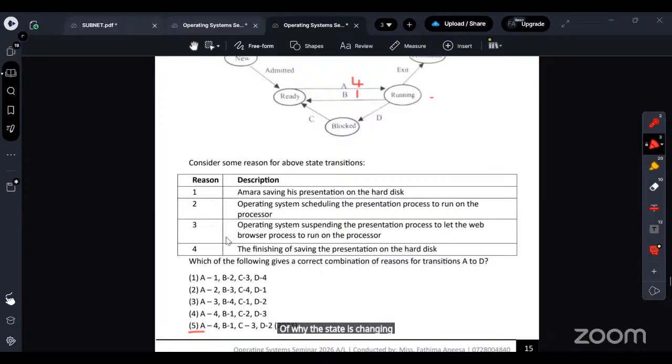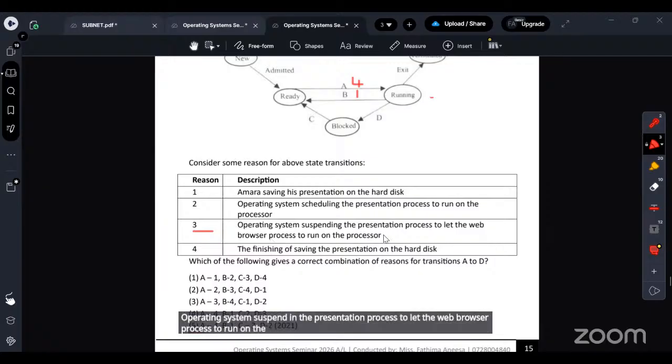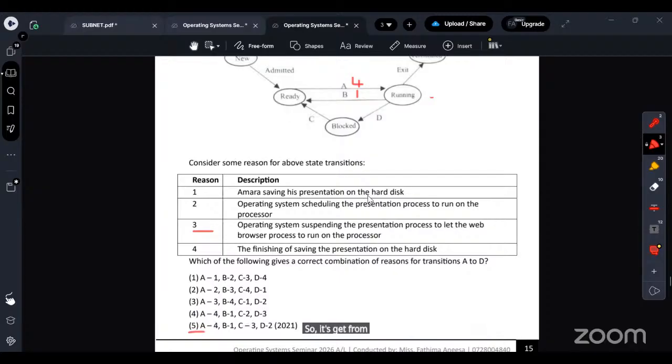In C, what is happening? Operating system suspending the presentation process to let the web browser process to run on the processor. So it goes from block to ready state because it is letting the web browser process to run. So from block to ready it is going, right? Now from running to block, what is happening?